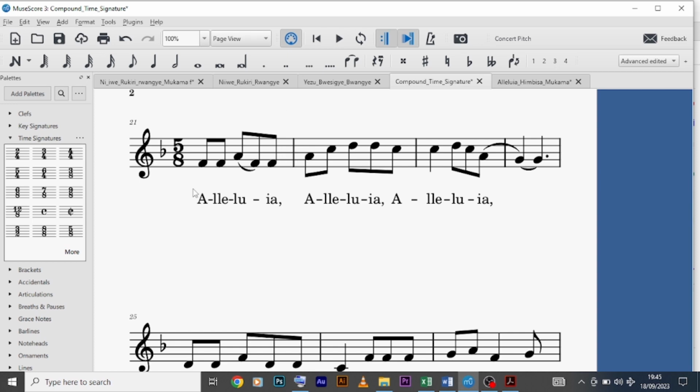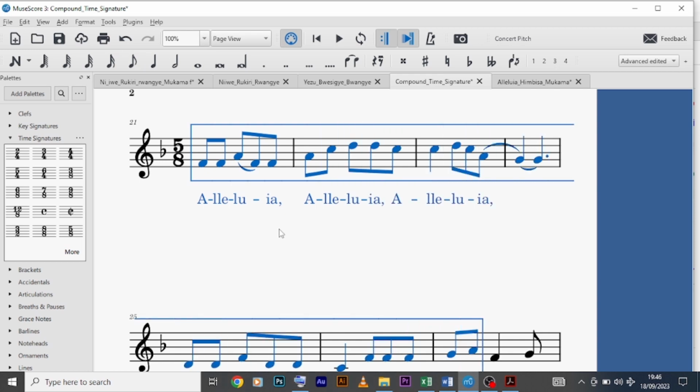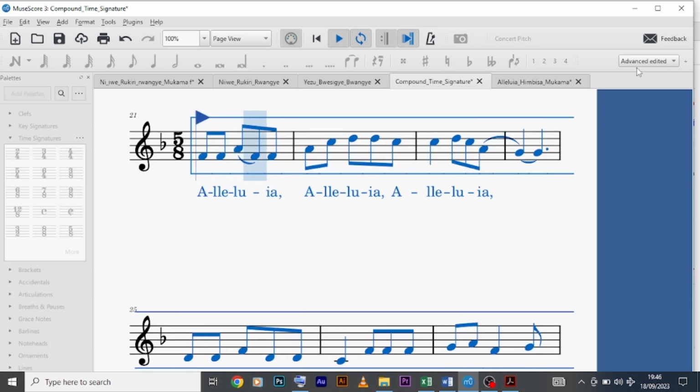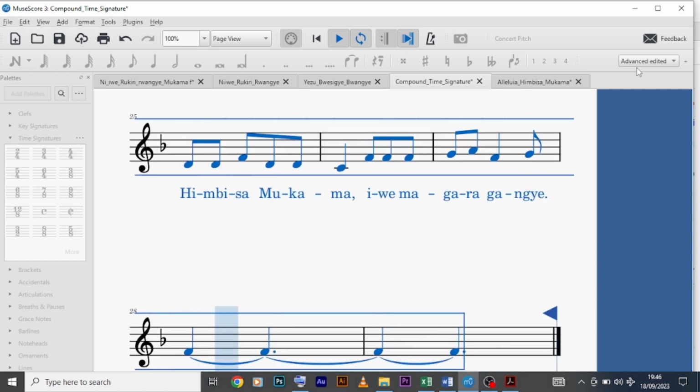So in this case, if we use Alleluia Himbisa Mukama as our example, we can sing along and we say: Alleluia, Alleluia, Alleluia. Himbisa Mukama iwe magara ganje.